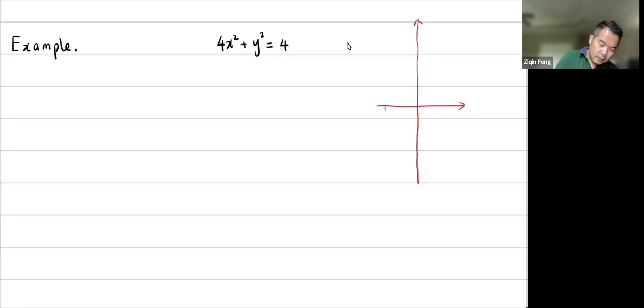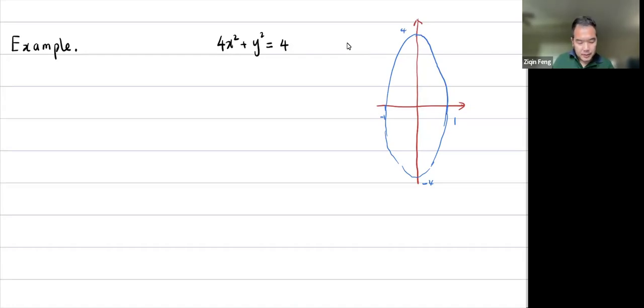X is -1 here, and y is -4, 4 here, 1 here. Right, this is our ellipse.